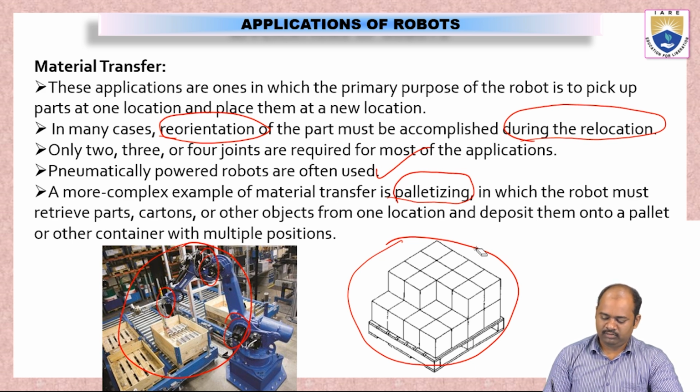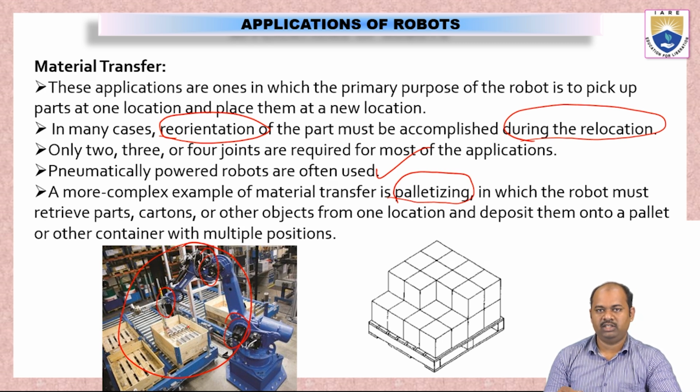Now see here, in the first picture the robot is used to fill the objects into the box. After the box is filled, it has to be lifted and placed on a base frame, where the boxes are palletized. That means a large number of boxes are placed in one layer, and then another layer of boxes is placed on top of them.